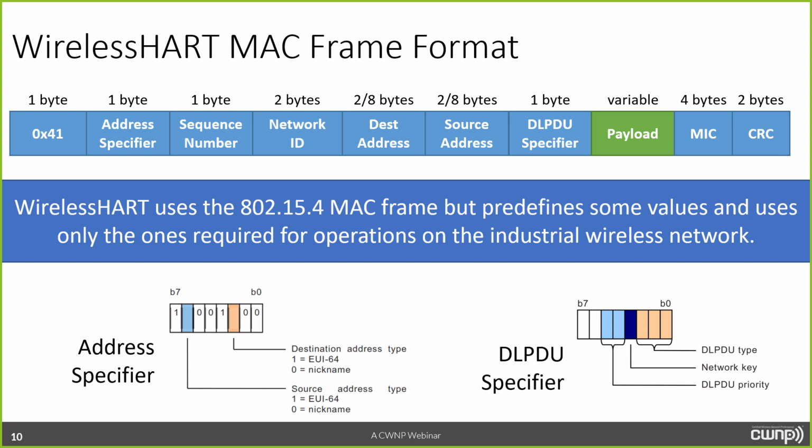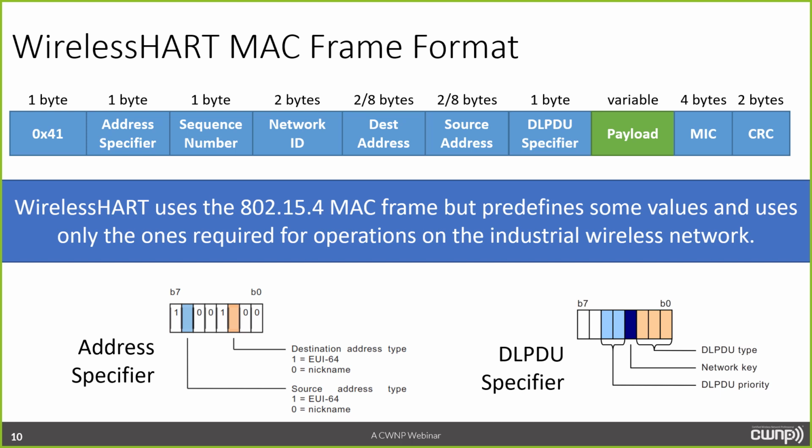So basically, bits 2 and 3 are both equal to 1 when it's an EUI64 destination address. But if it's a nickname, then bit 4 or rather bit 3 is a 1 and bit 2 is a 0. The one that's just shaded here is bit 2. Remember, we start at bit 0, right? So that always gets confusing even to the explainer to remember what bit order you're talking about. And so there are 8 bits, but they're numbered 0 through 7.